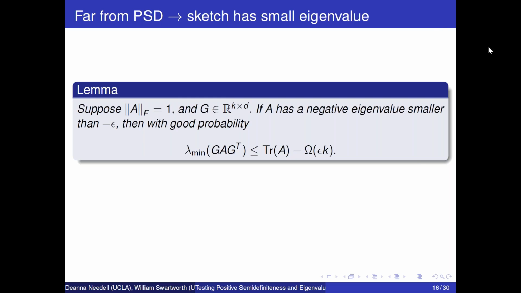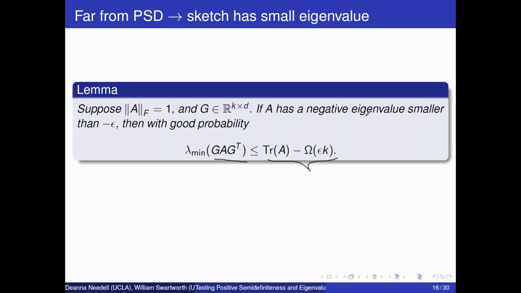And our algorithm is, let's compute this quantity G A G transpose. We're going to compute the minimum eigenvalue of this. And if it's suspiciously small, namely if it's less than the trace of A minus epsilon times k, we're going to say, hey, we reject A. It's not PSD.